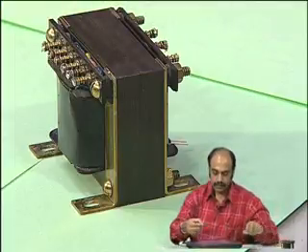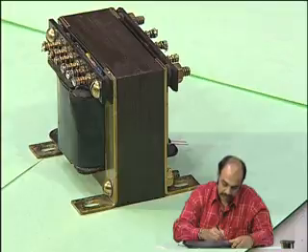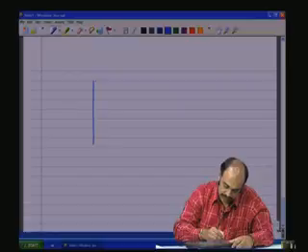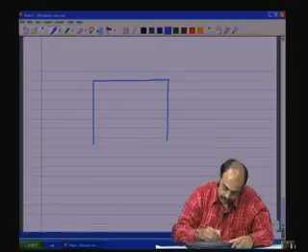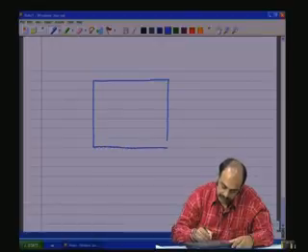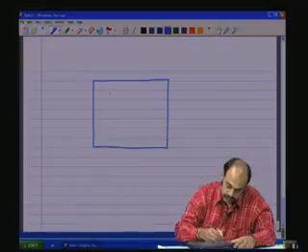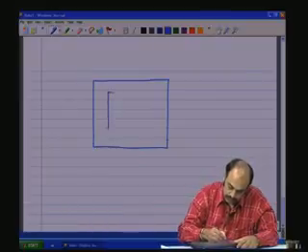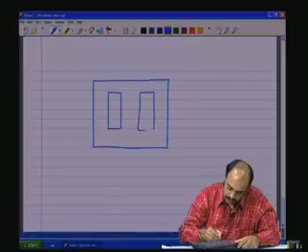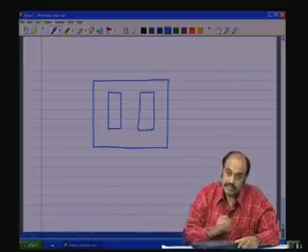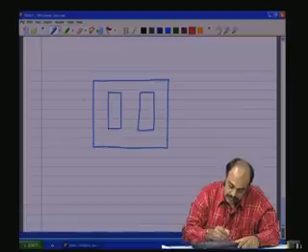Let me give you a better idea by drawing the two dimensional view. The core will be something like this. So, we have this rectangular solid block, and then we have a central limb. Now, the winding is done on the central limb here in this case.